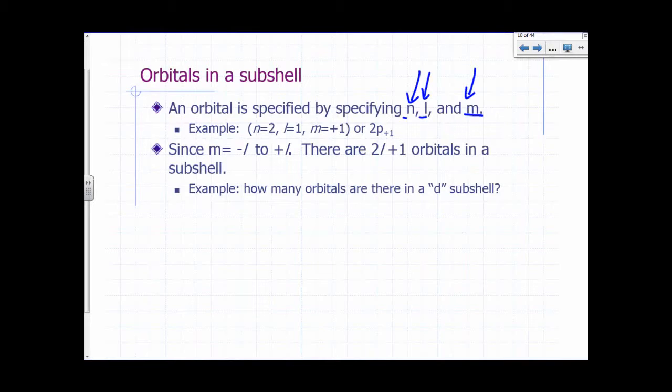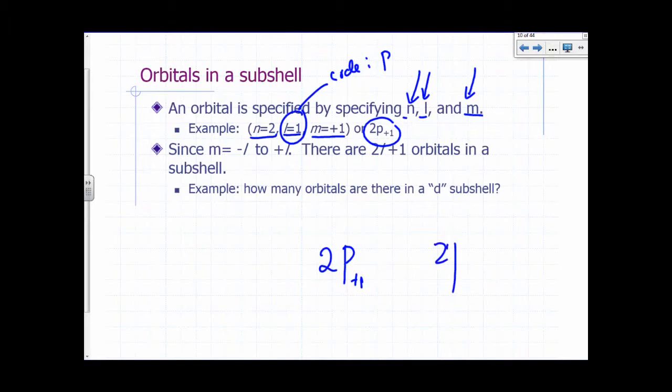For example, if n equals 2, l equals 1, m equals plus 1, that's a 2p orbital, since the code for l equals 1 is p. Then you specify the m sub l as a subscript: a 2p plus 1 orbital.